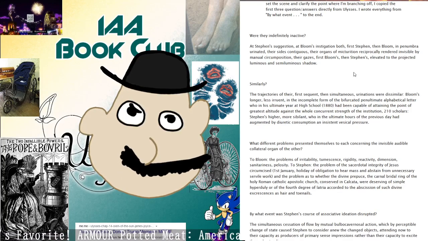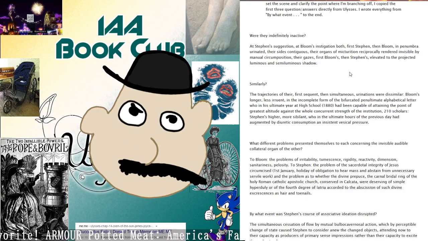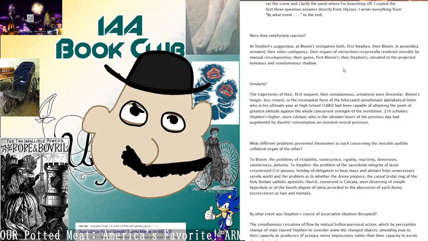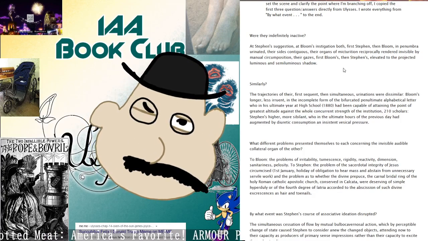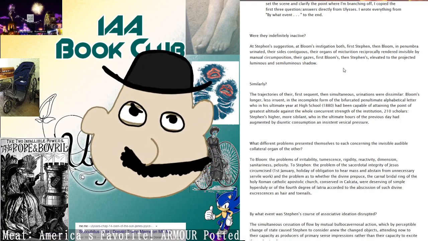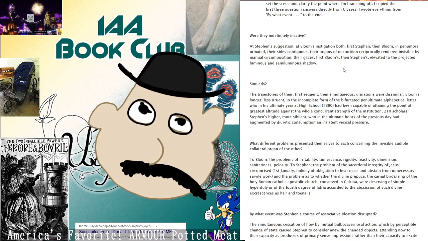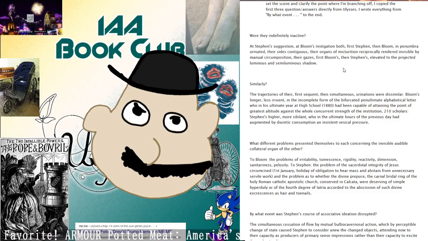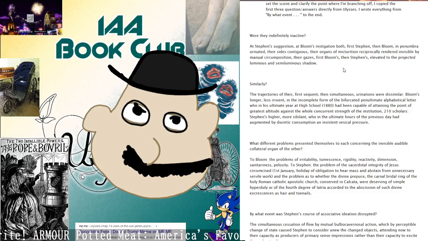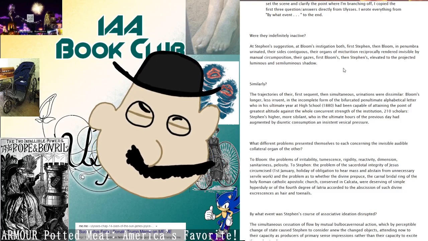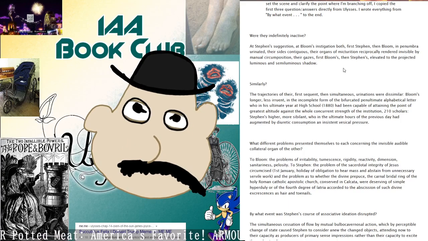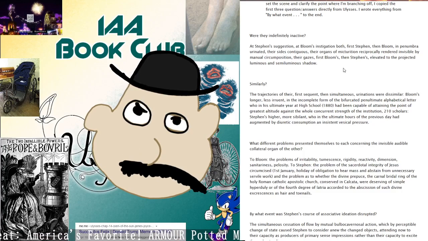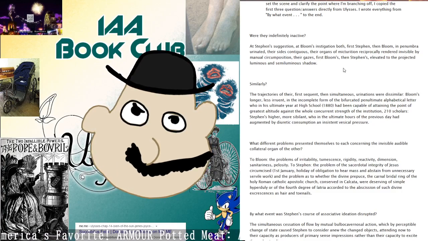Bloom's longer, less irruent, in the incomplete form of the bifurcated penultimate alphabetical letter. Who, in his ultimate year at high school, 1880, had been capable of attaining the point of greatest altitude against the whole concurrent strength of the institution, 210 scholars. Stephen's higher, more sibilant, who in the ultimate hours of the previous day had augmented by diuretic consumption and insistent vesical pressure.